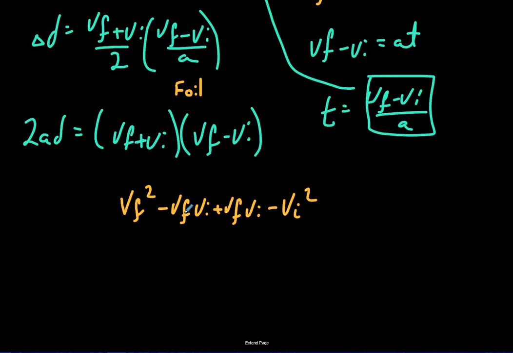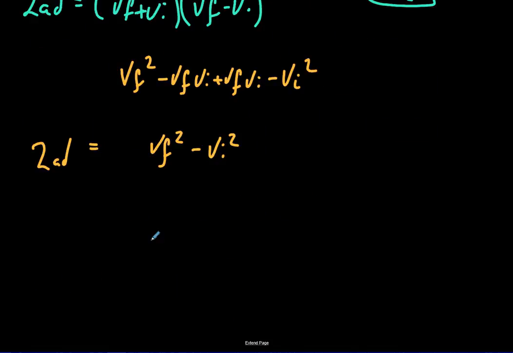A negative plus a positive is the same thing, so you get Vf squared minus Vi squared, and all of that is equal to that 2ad from before. So if we rearrange this, we should get Vf squared equals Vi squared plus, because we're going to add it on, 2ad.